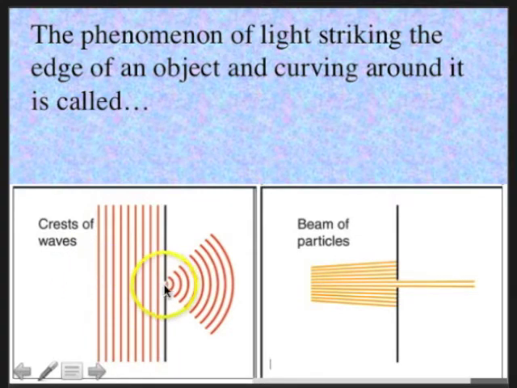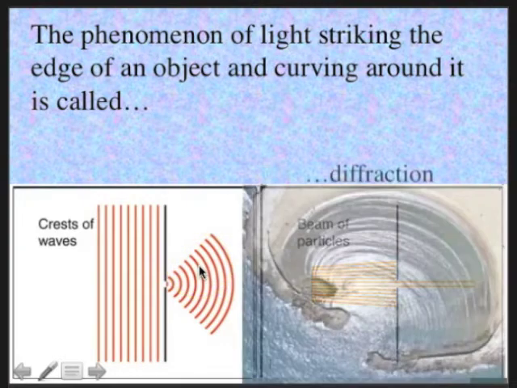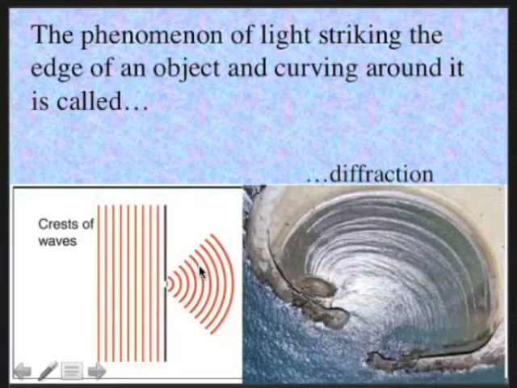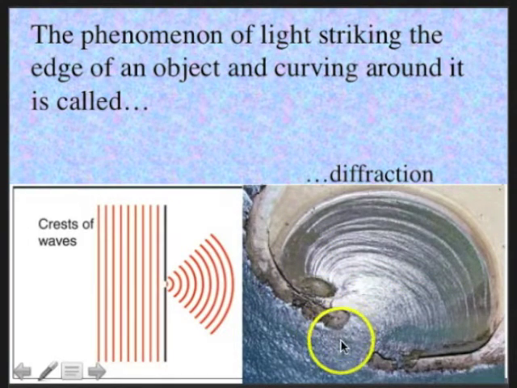Waves, when they hit a slit, will begin to form a series of concentric arcs on the other side of the slit. That process is called diffraction. We've all seen this in bays or regions of water where the water has to go through a slit, and then we see these series of concentric arcs in the water.